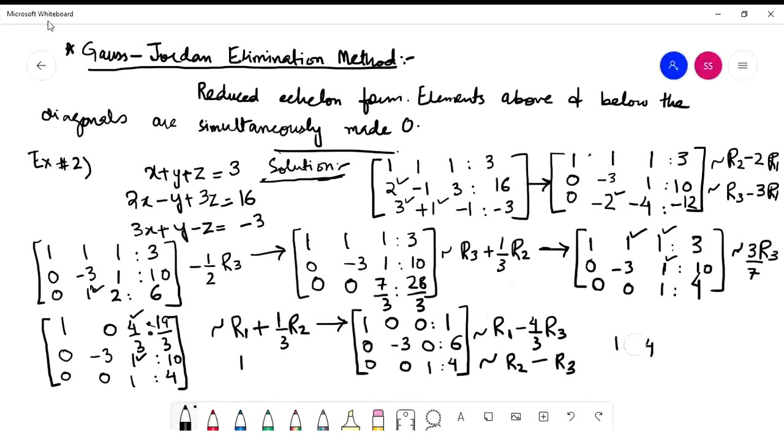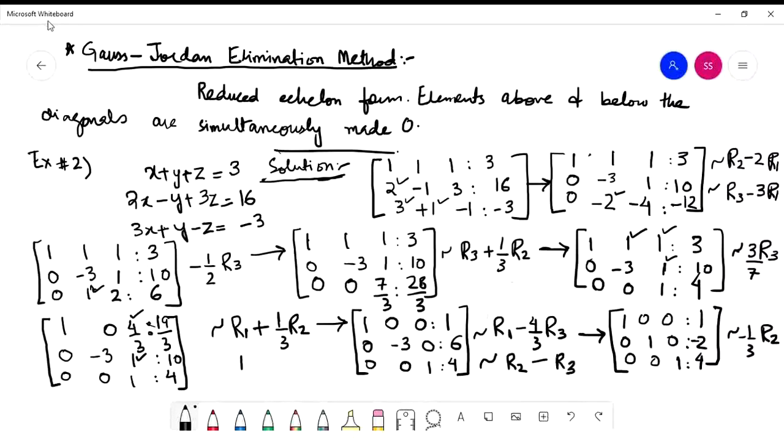Okay, very nice. Now your system is solved, and in the last step I divide R2 by minus 3, then it becomes 1, 0, 0, 1, 0, 1, 0. Basically a reduced echelon form makes it eventually the identity matrix, with the constants 1, minus 2, and 0, 0, 1, 4.